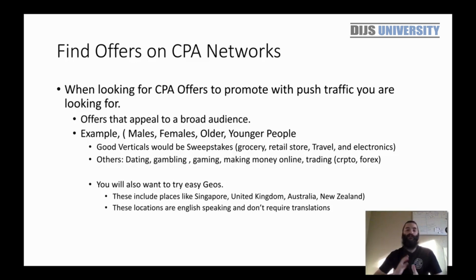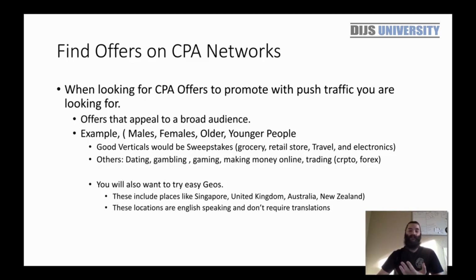So for example, some good verticals or good offers that you could do for this would be, again, sweepstake offers. So you could do sweepstake offers like the grocery gift cards, the retail stores like some of the Amazon stuff you guys see, Walmart stuff. Those things are enjoyed by all of the demographics that I told you a minute ago.